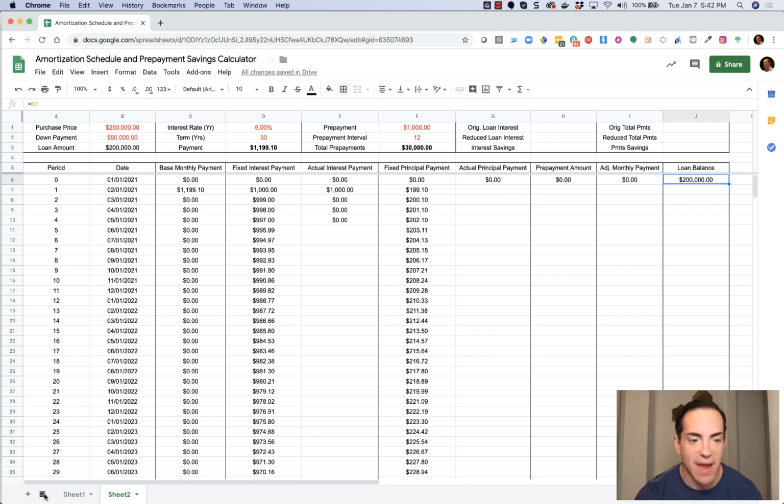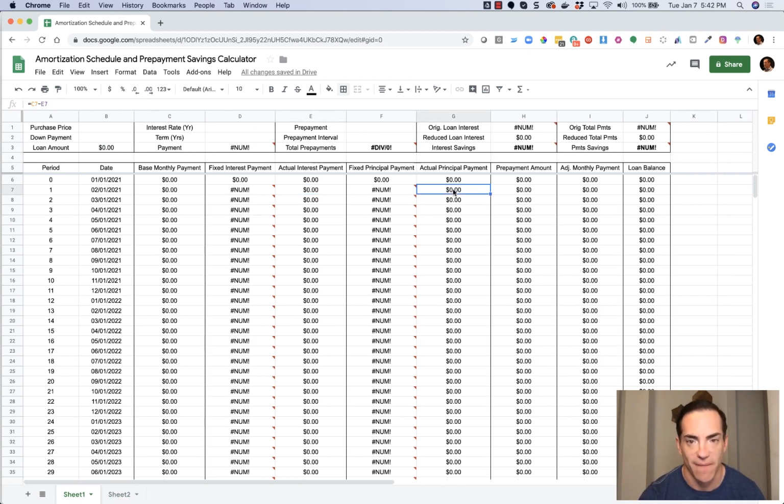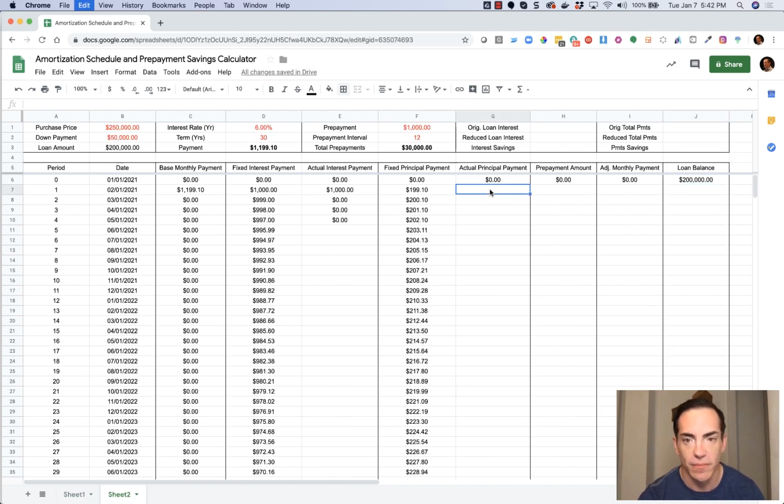So for that, we can basically just say, okay, take the base monthly payment and subtract from it the actual interest payment, the amount that actually went to interest, not the amount that would have gone to interest if we hadn't made additional payments, but the amount that actually went to interest, and whatever's left, that's what goes to principal.